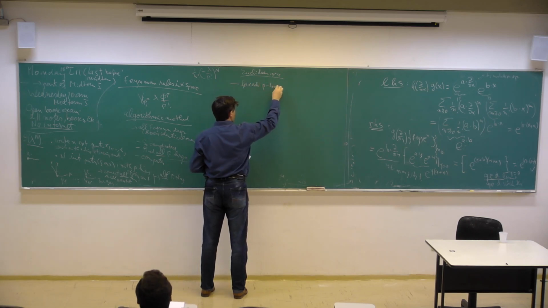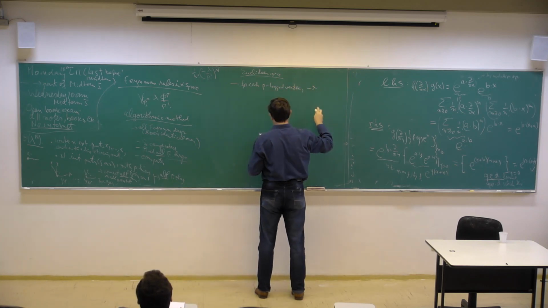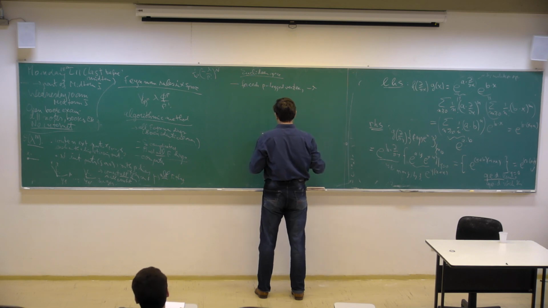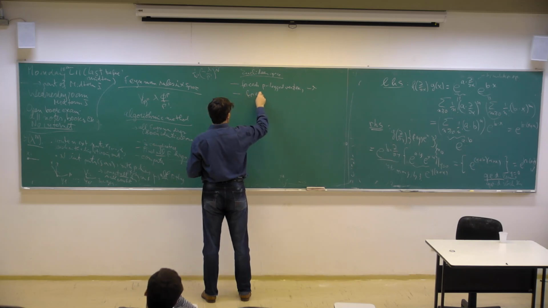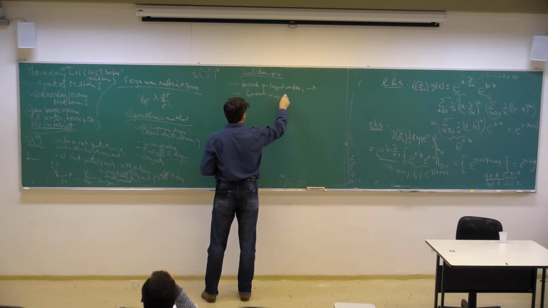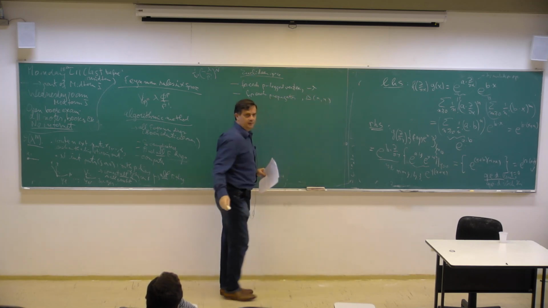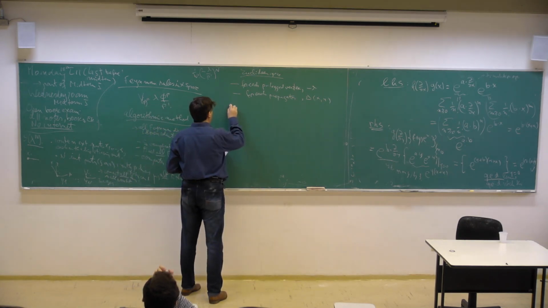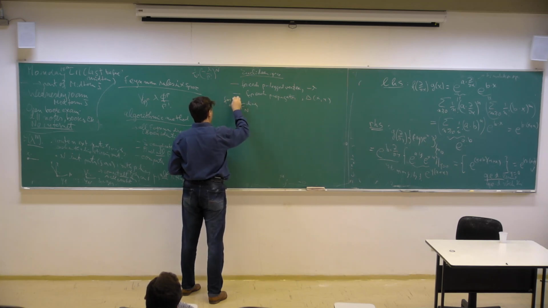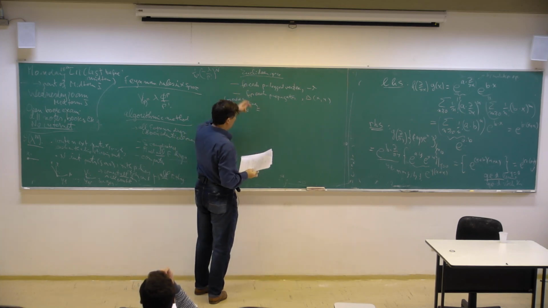For each p-legged vertex, minus lambda. And then for each propagator, this delta of x and y, that was the Euclidean propagator. And then for each diagram, I have to still integrate over the internal legs.